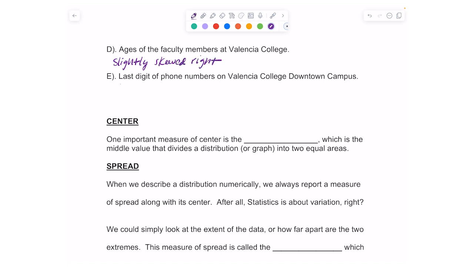And then the last digit of phone numbers on the Valencia College downtown campus. So this distribution, if you were to think about it, right, when we have phone numbers, those numbers are normally randomly assigned to us. So the distribution is going to be uniform, right? If we were to make a histogram, it would pretty much be each digit would have the same chance of appearing.